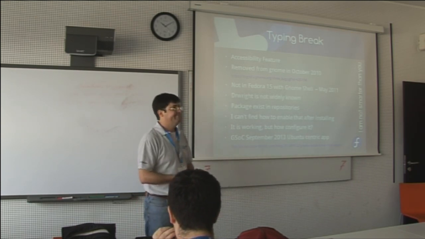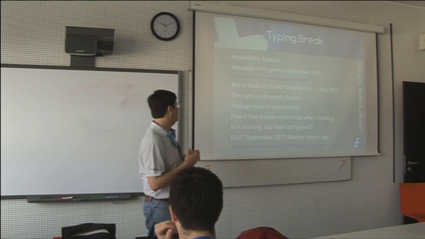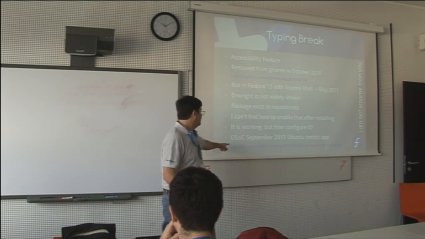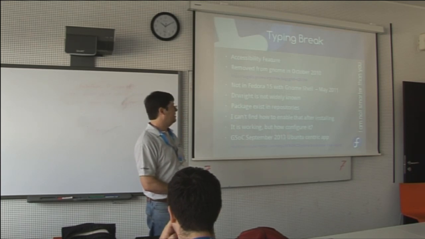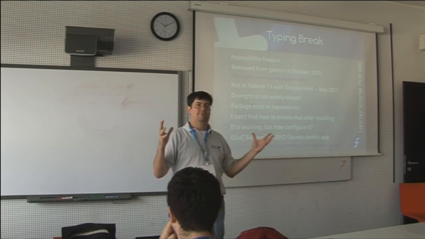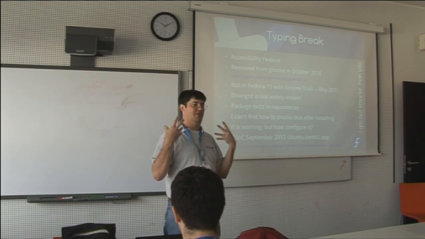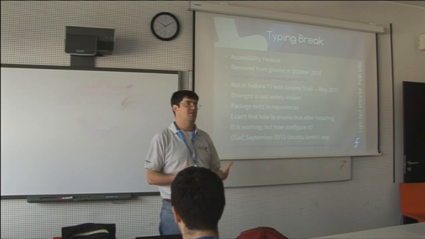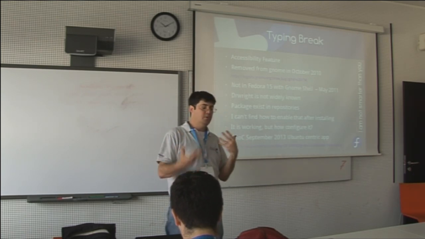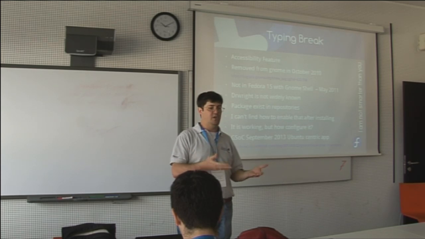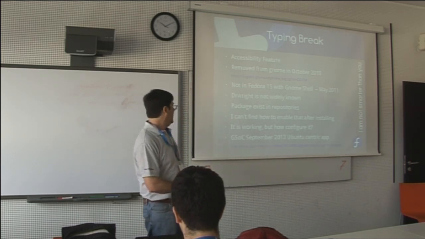And I don't feel alone in this, because there was this initiative for Google Summer of Code in September 2013 where somebody proposed to do a typing break solution for GNOME. I don't know why a GNOME and Ubuntu person were looking into GNOME instead of Unity, but it was done for GNOME.